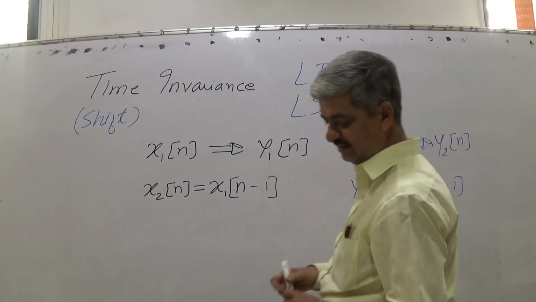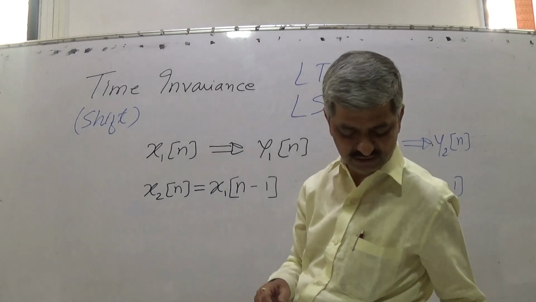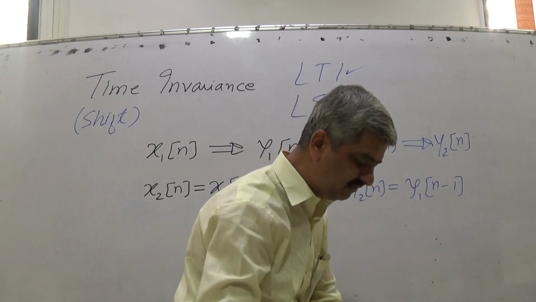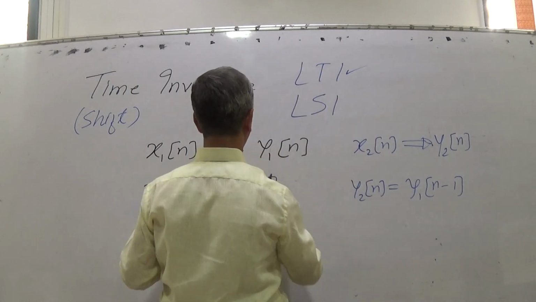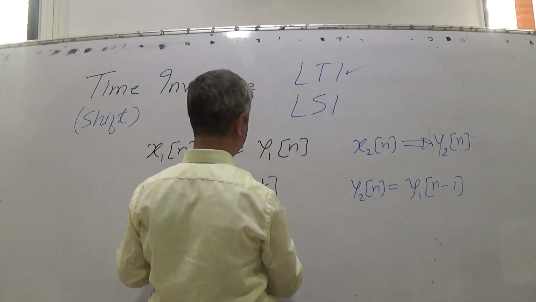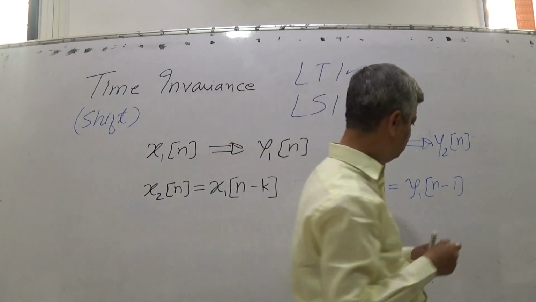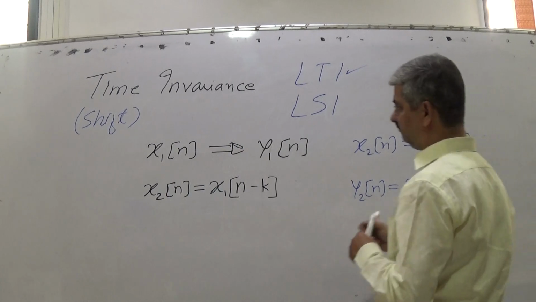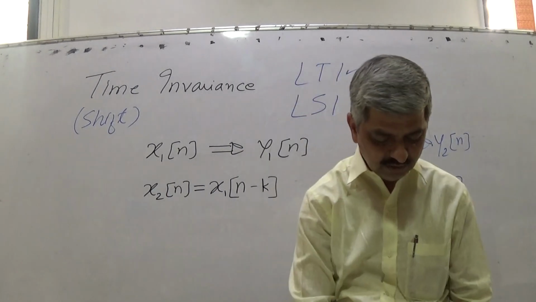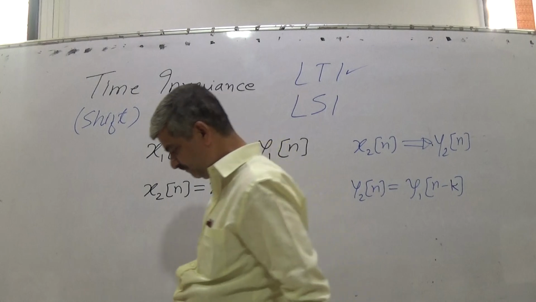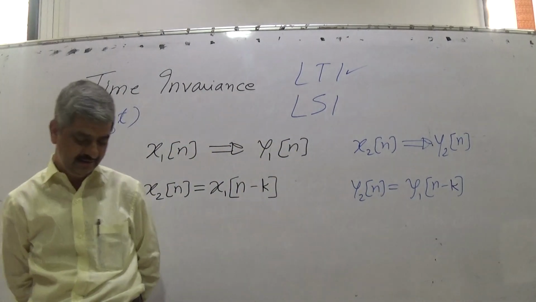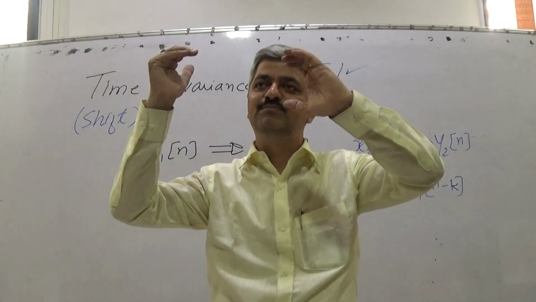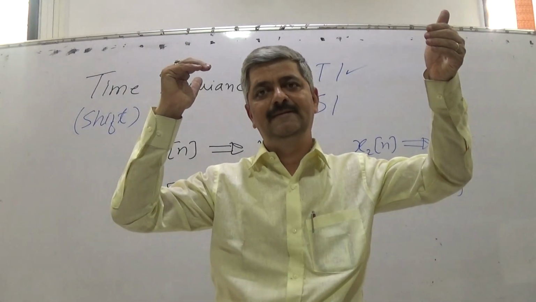Or in general, instead of 1, we can call it any shift, by shifting by k samples. Means if I apply to a system one input, I obtain one output.